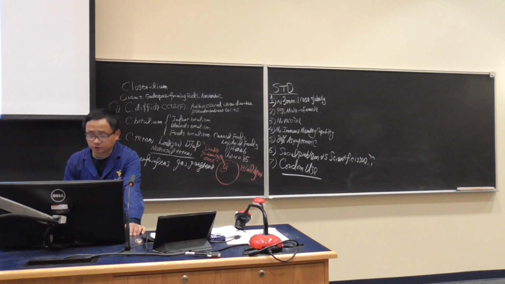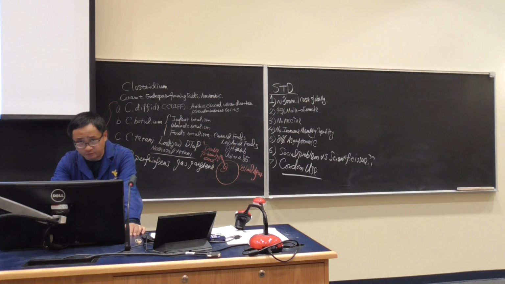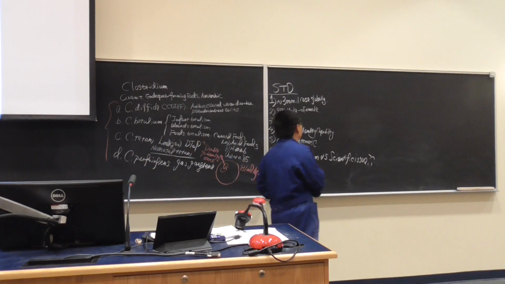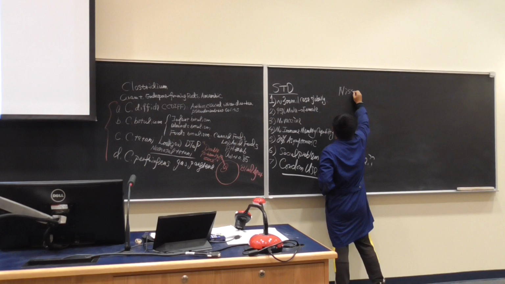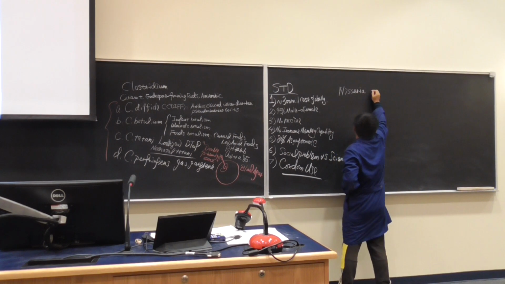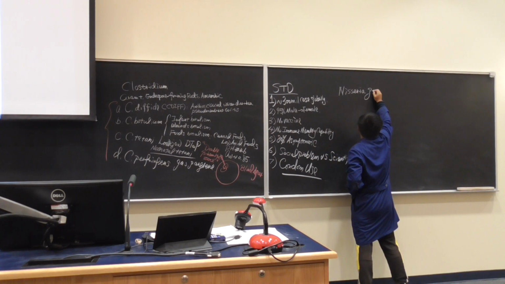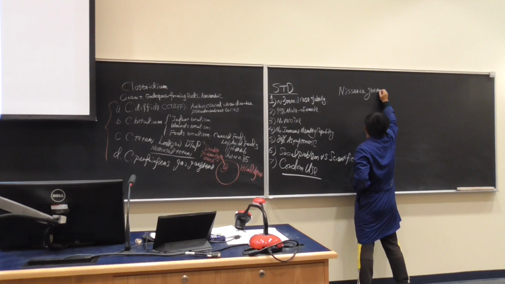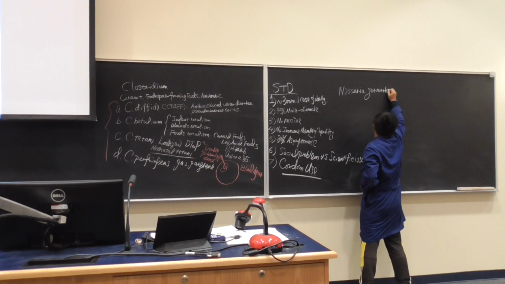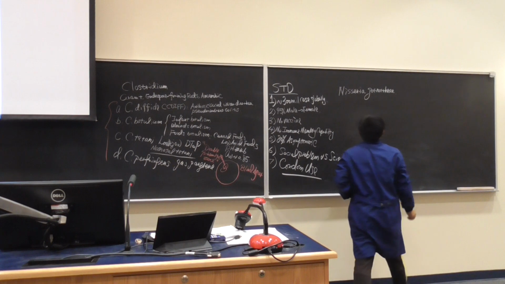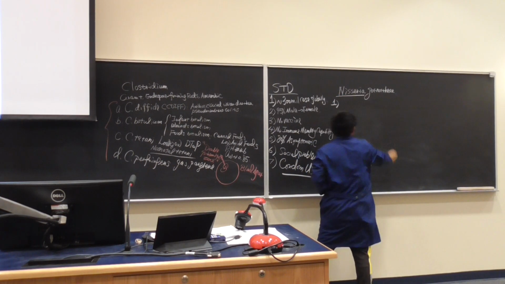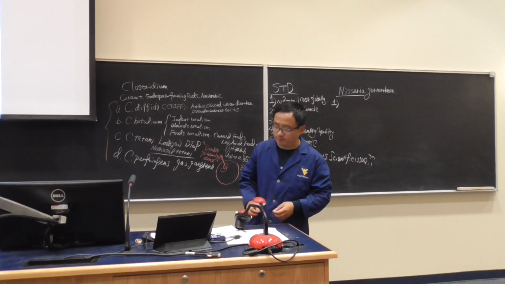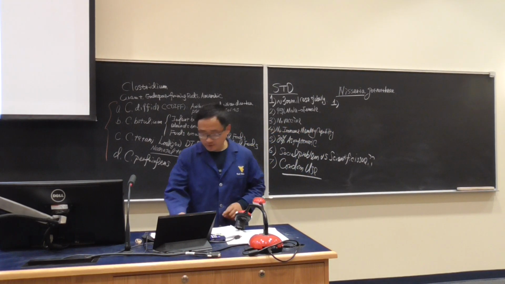We will talk about two major sexually transmitted diseases here. Number 1 is gonorrhea. Look at the picture, you will know. Neisseria gonorrhoeae. Since we talk about Neisseria, we mentioned Neisseria meningitidis before.